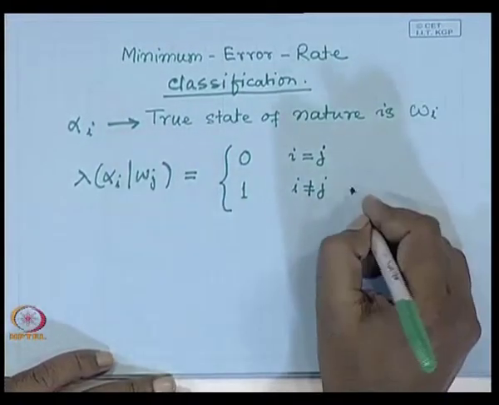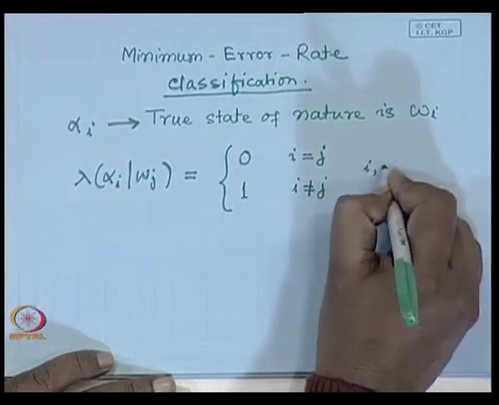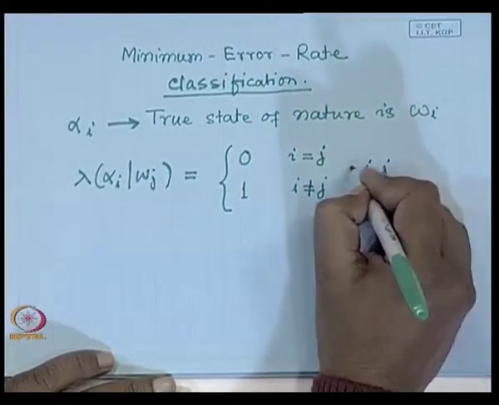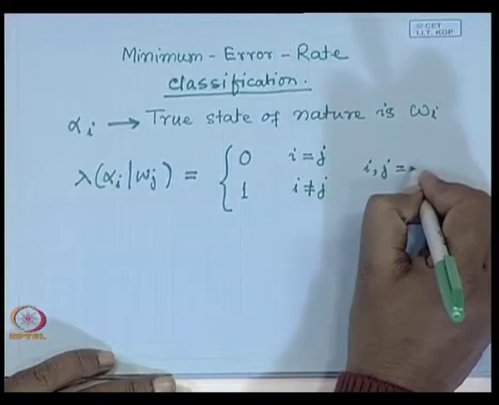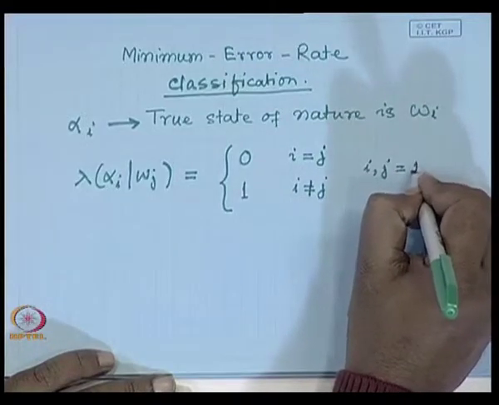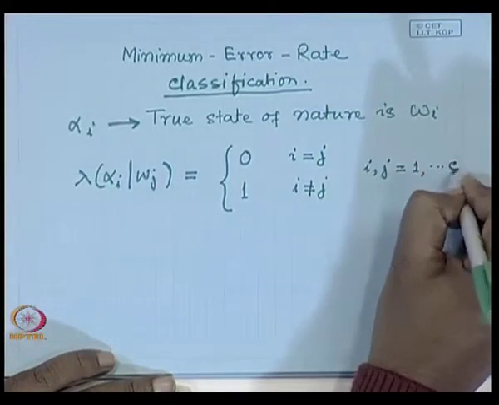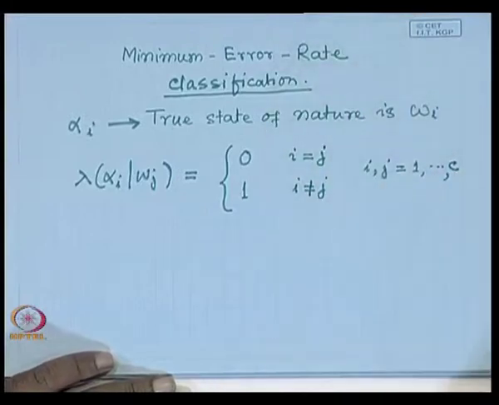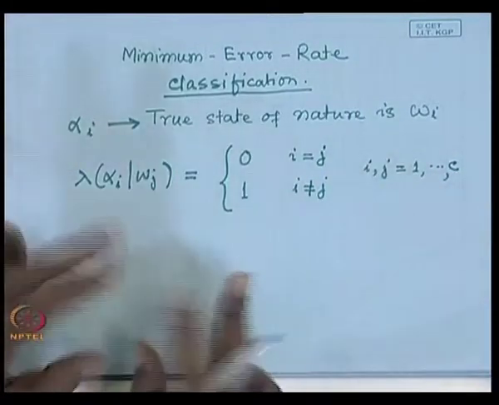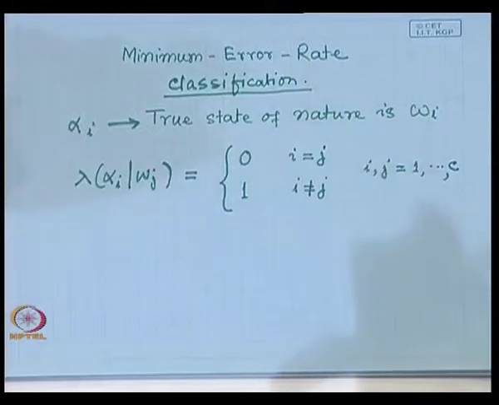And this is true for all i and j from 1 to c. So, whenever i and j are the same, that means I am taking a correct decision, the loss involved is 0. Whenever I take a wrong decision, the loss involved is 1.